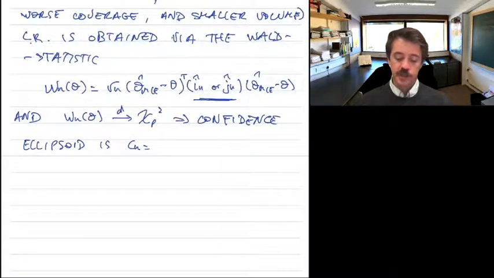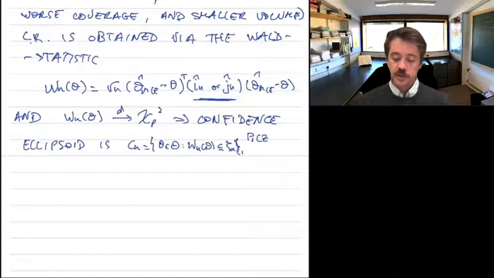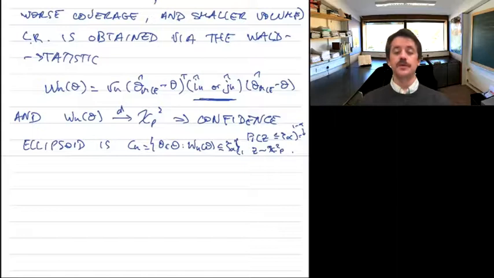It is the set of thetas such that this Wald statistic is less than or equal to some psi alpha, where psi alpha satisfies P(Z less than or equal to psi alpha) equals 1 minus alpha, and Z is a chi-squared with p degrees of freedom.